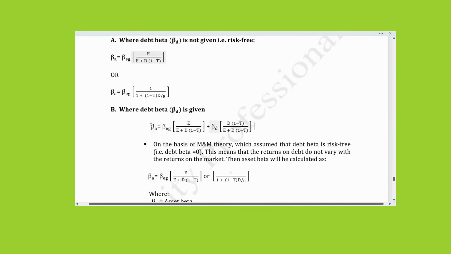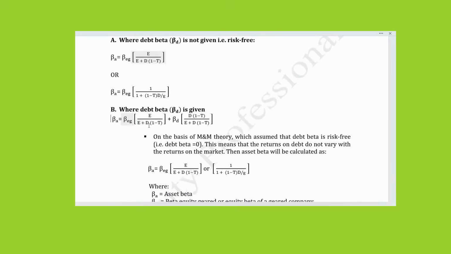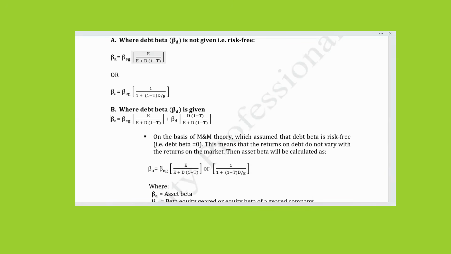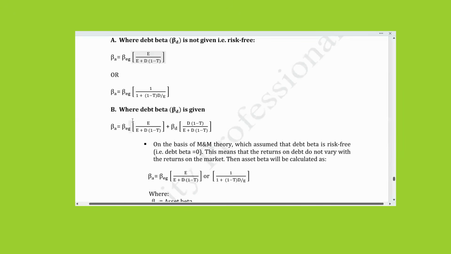Where debt beta is given, it is the same as the first formula you have there, except that you introduce the other part. So this combined formula is what you use when calculating asset beta where debt beta is given. The other part is what you have where there's no debt beta. But where you are given debt beta, you need to introduce the second part of it.